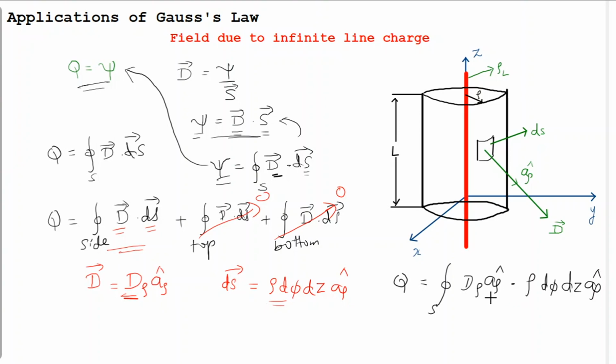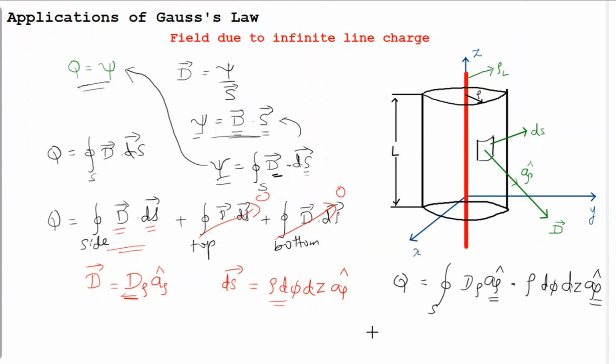Now see here, what is a rho cap dot a rho cap? Applying the dot product, magnitude times cosine of the angle between them. They are parallel to each other, so the cosine of the angle between them is cos 0, which is 1. So a rho cap dot a rho cap is 1. The unit vector dotted with itself is 1.